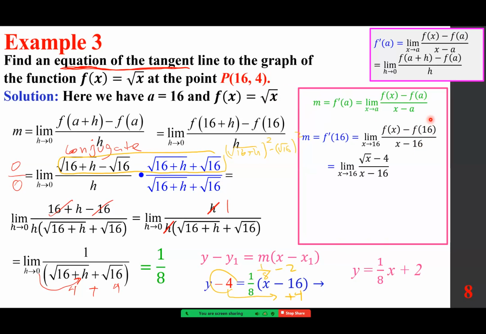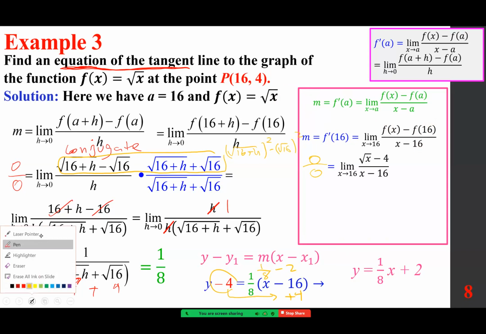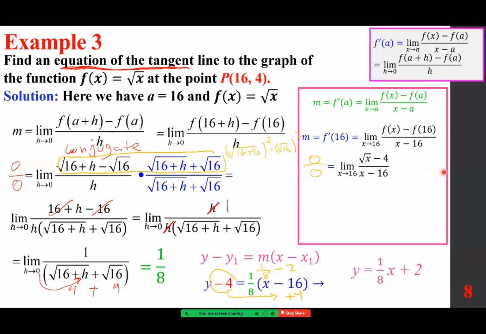Again, I hope you see that you get 0 over 0. And we use the same technique, namely the conjugate. The conjugate of square root of x minus 4 is square root of x plus 4. So multiply and divide by it. Again, the denominator, don't touch it. Write it as a product.